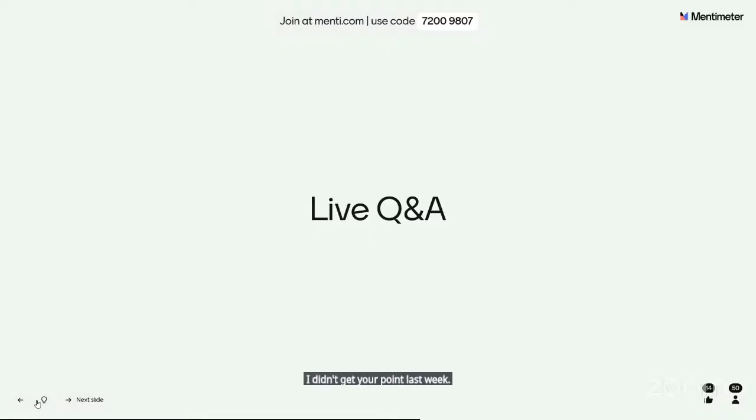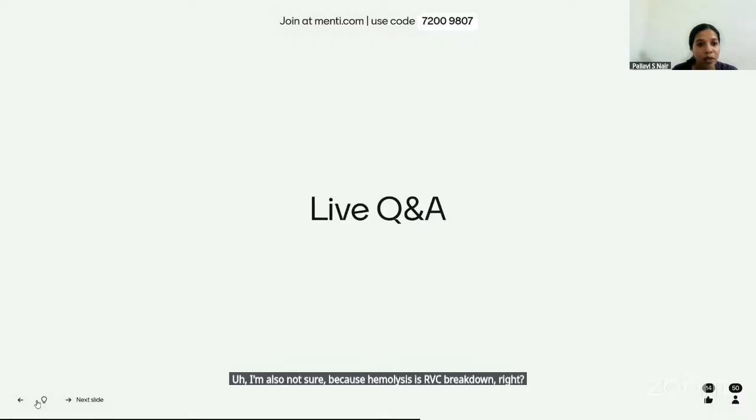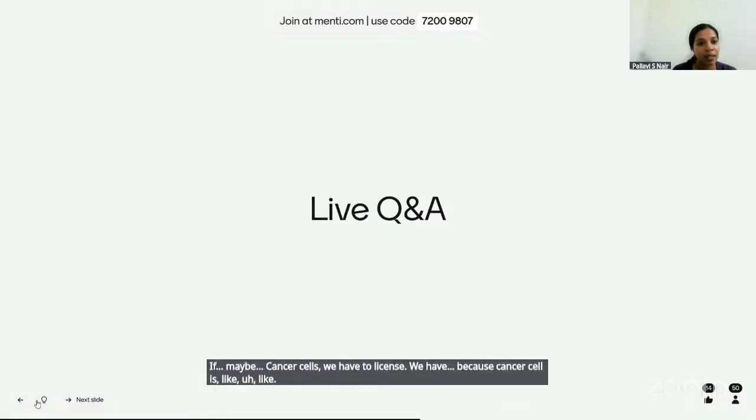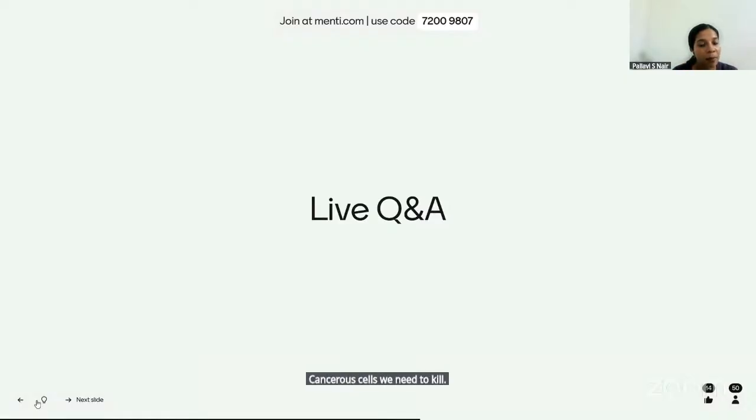Usually people tell me that if they are cancer patients, they go with hemolysis. I'm also not sure, because hemolysis is RBC breakdown, right? Maybe cancer cells we have to lyse, because a cancer cell is unwantedly increasing its number. So those cancerous cells we need to kill, maybe by a lysis method.